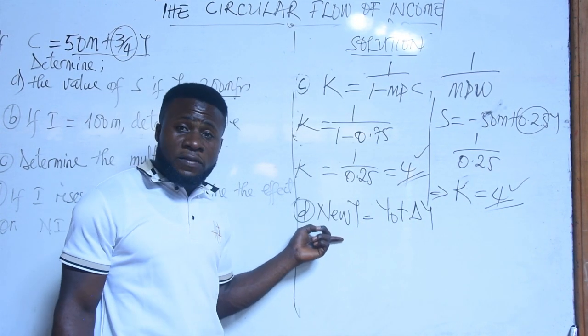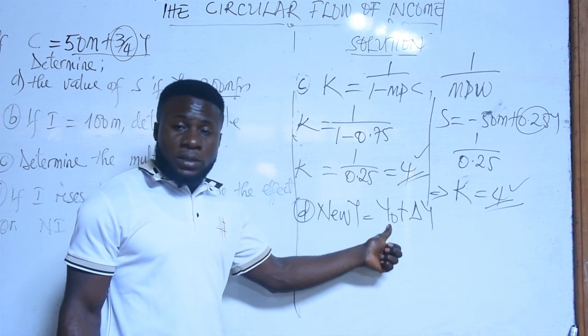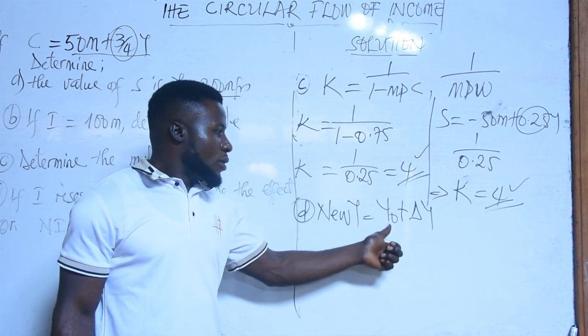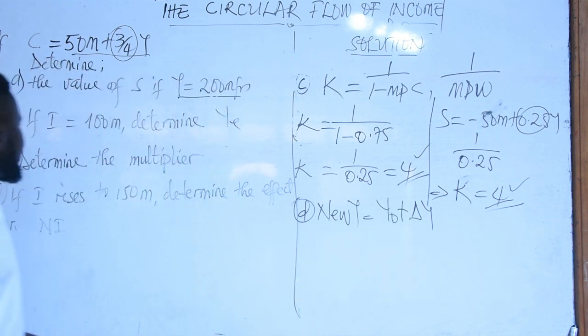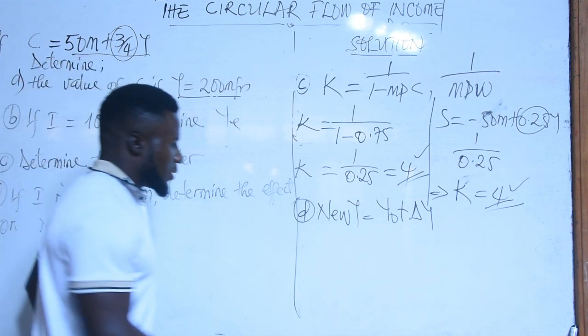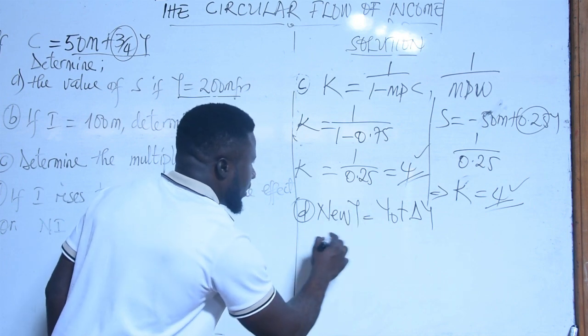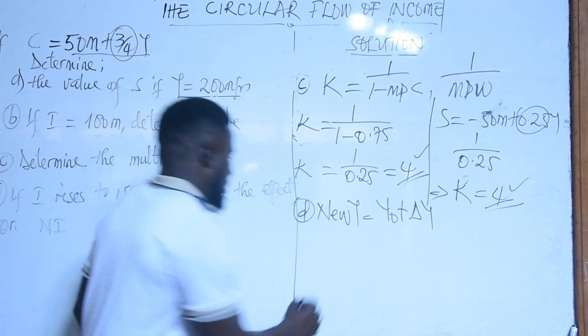So to know your new level of national income, you say old income, your old level of national income, plus change in income. Now, our old level of income was given. Let us see our new income here. Let's calculate our change in income.